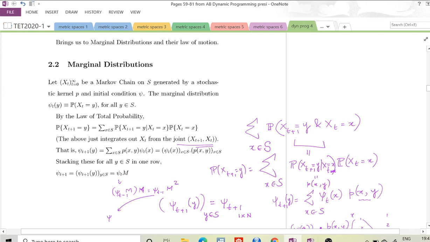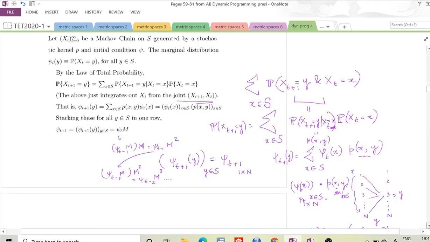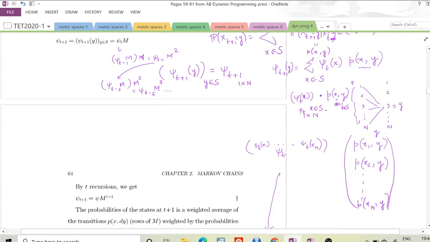And similarly, this is ct minus 2 times m squared, so that's ct minus 2 times m cubed, right? And I can go all the way down to c0 here, right? And that's just my initial probabilities, c0 times m raised to the t plus 1. Okay.